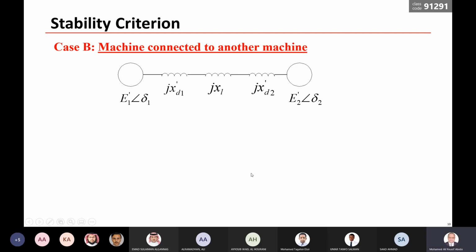What do you think? The first case, for single machine infinite bus, delta should be less than or equal to 90 degrees. Okay, so this is the stability criteria for single machine infinite bus. What do you think for two machines?